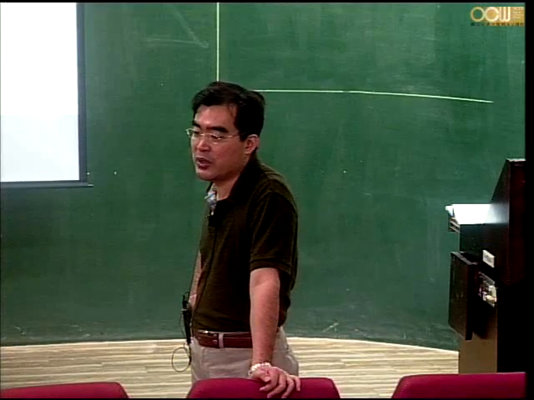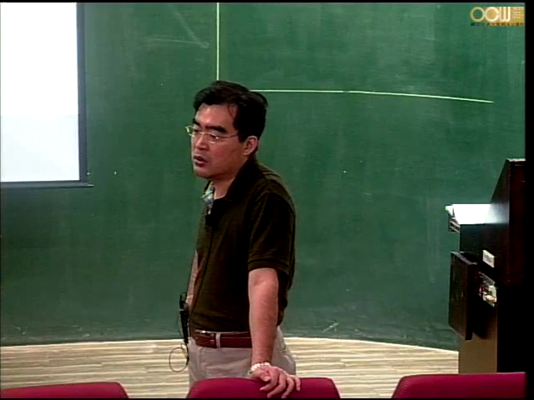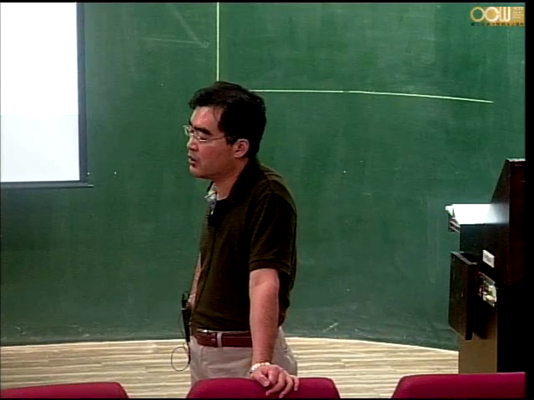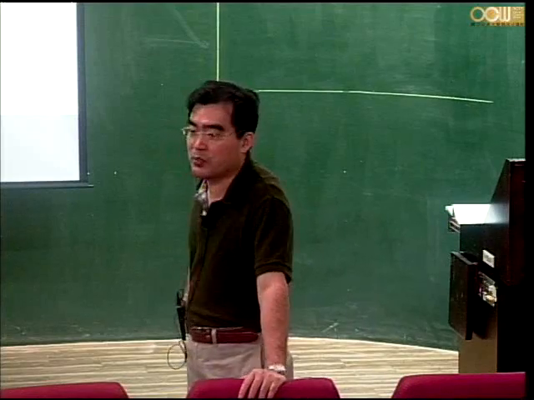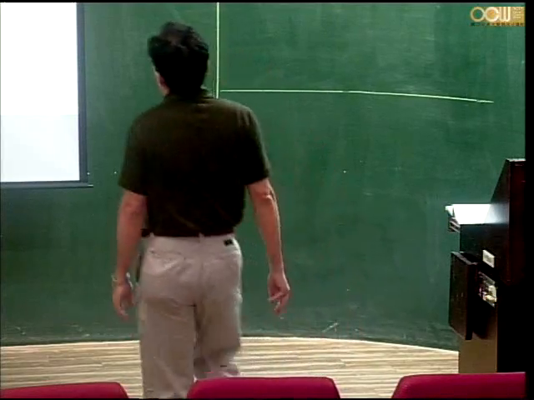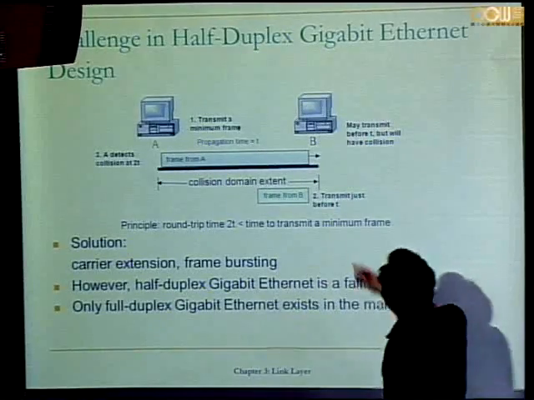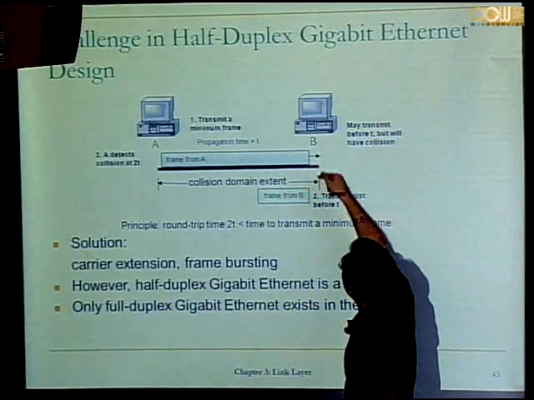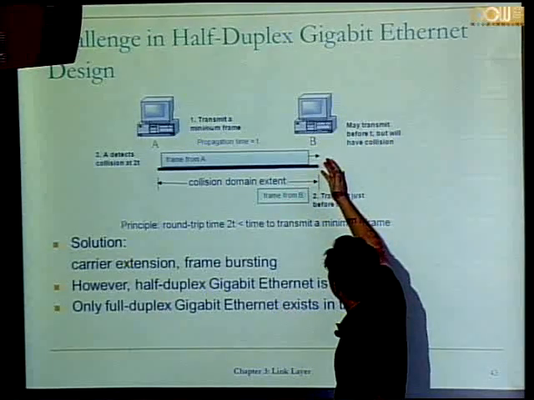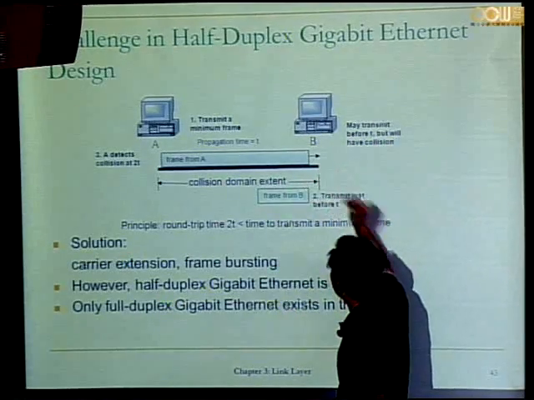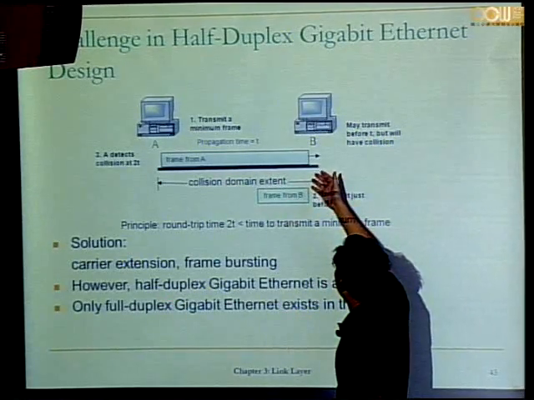Because the first bit hasn't reached B. So B transmits immediately, and then it collides.